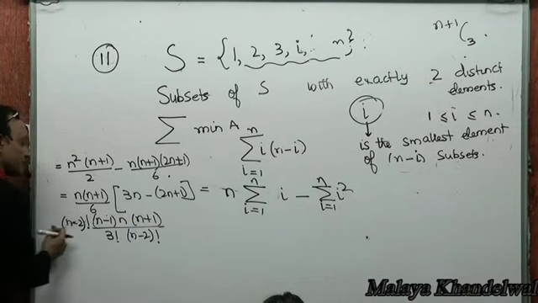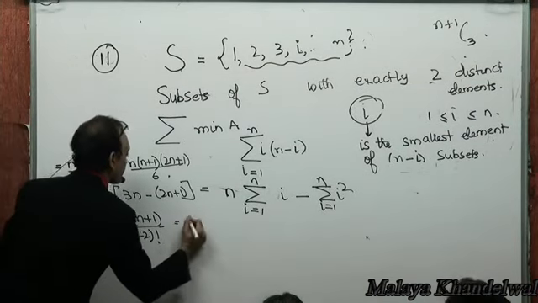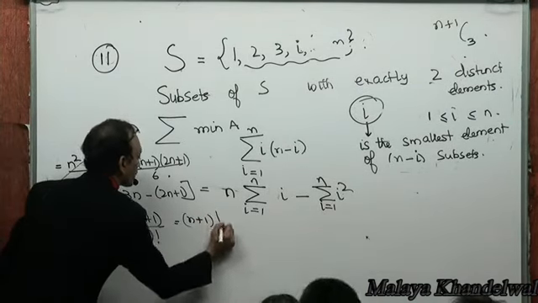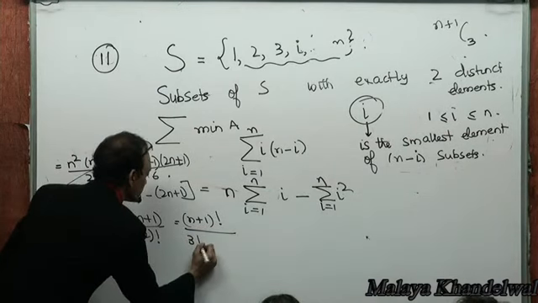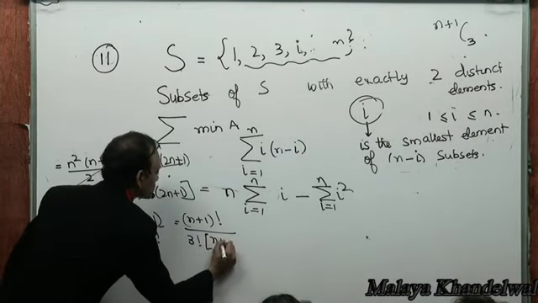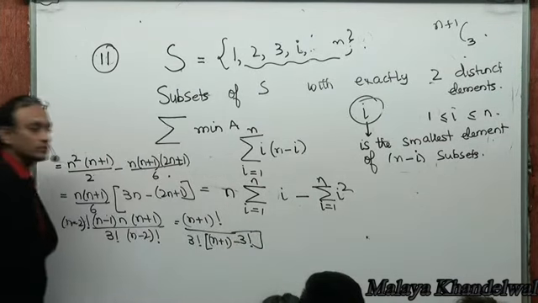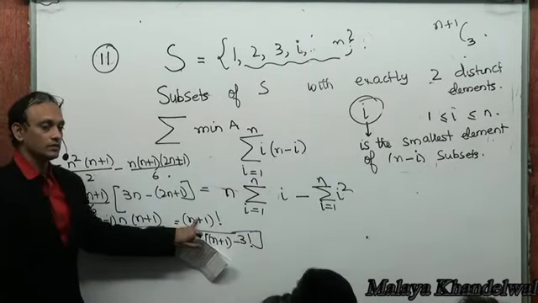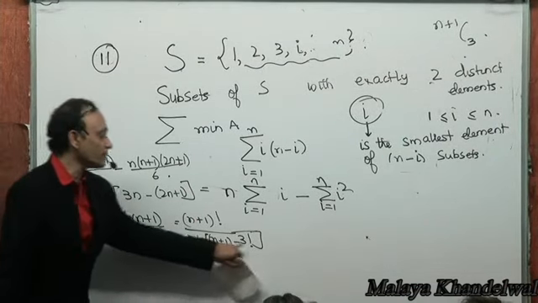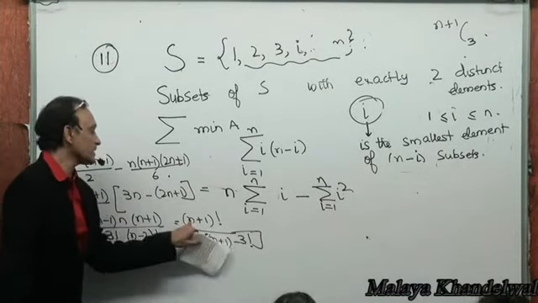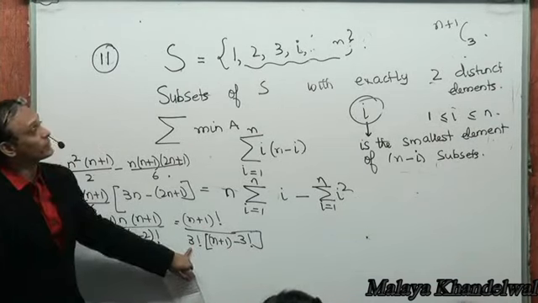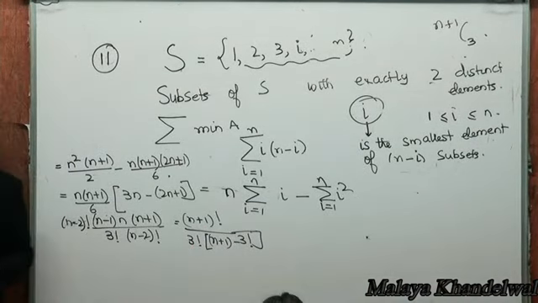So this becomes n plus 1 factorial by 3 factorial into n plus 1 minus 3 factorial. k factorial by r factorial into k minus r factorial is k C r, so that is n plus 1 C 3, which is what this reduces to.